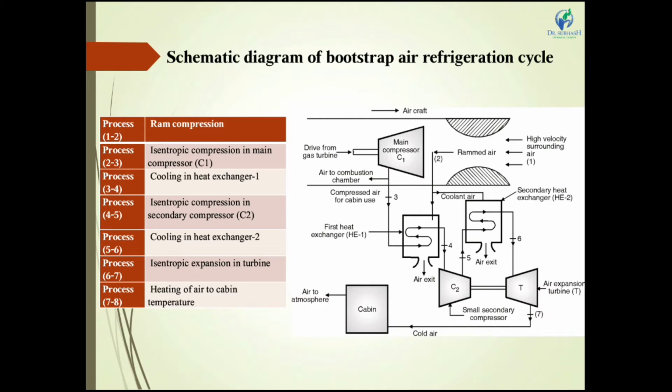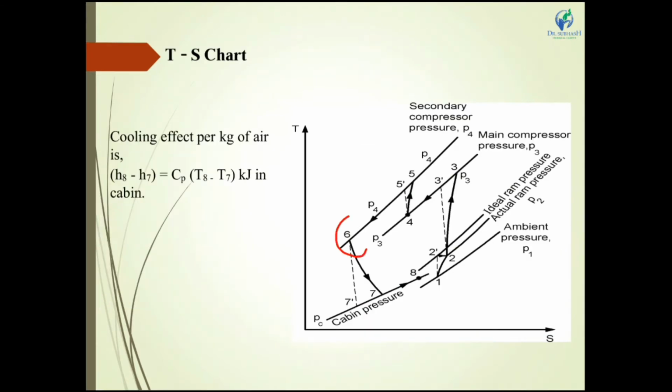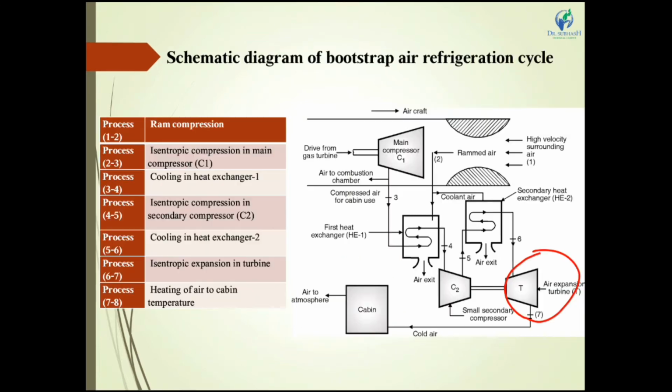This is a type of throttling process. For any liquid or gas, a sudden expansion of volume gives a pressure drop. The pressure drop is directly proportional to the temperature drop, so the temperature also drops in the expander at process step 7. The process 6 to process point 7 is the expander process inside the bootstrap refrigeration system.